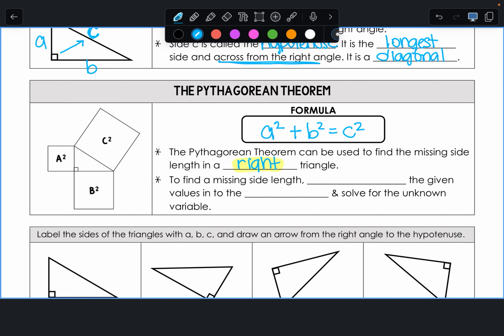Okay. To find the missing side length, you're going to substitute the given values into the formula and solve for the unknown variable. So today we are going to be finding the side lengths. So if we're looking for the side, what do we need to do?